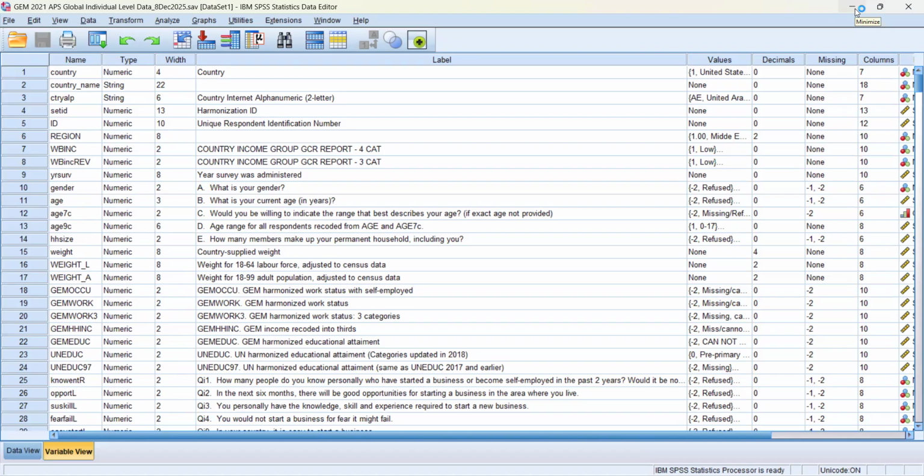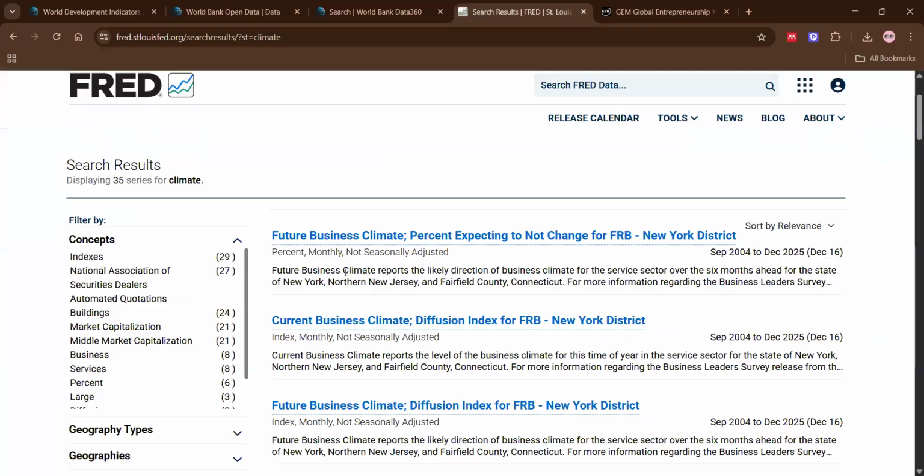Let me share the screen for you to see. We couldn't explore all areas, but FRED and World Bank Open Data have climate-related data. And I think IRENA also has that. We will do IRENA in next week's session.